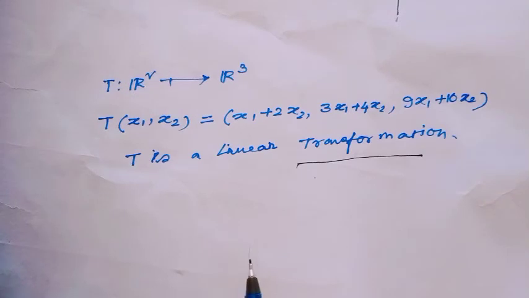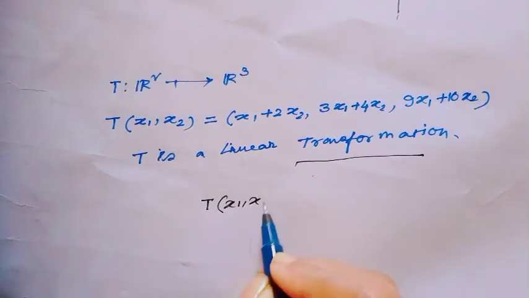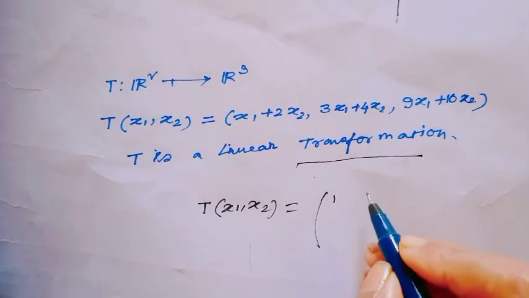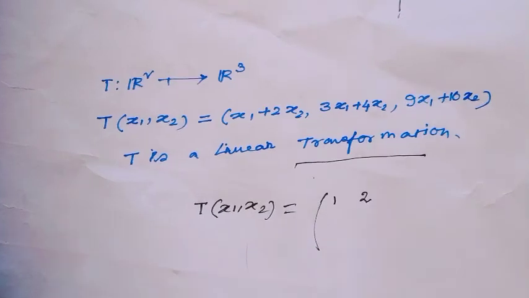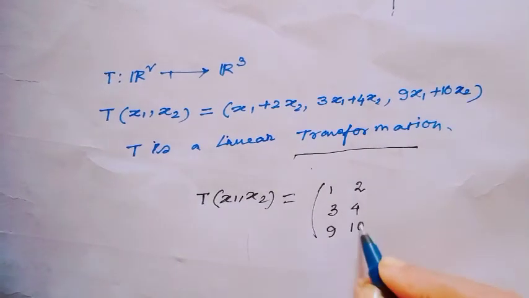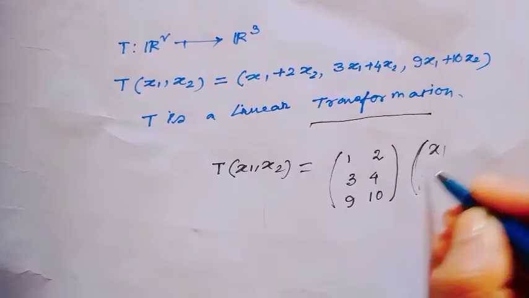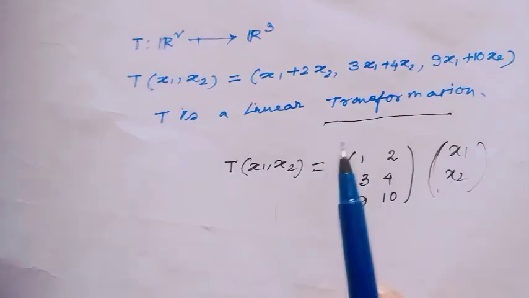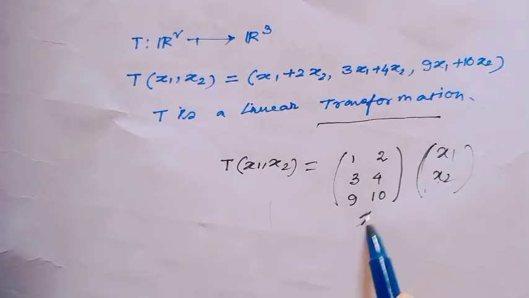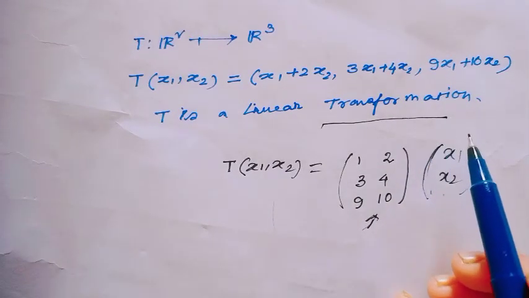We can write this as T of x1, x2 equal to the matrix with rows 1, 2, 3, 4, 9, 10 times the column vector x1, x2. That means in this linear transformation there exists a matrix associated with this particular linear transformation.